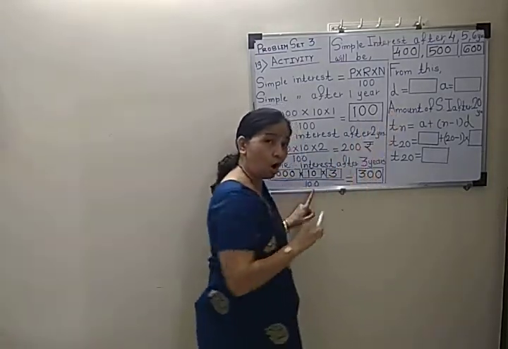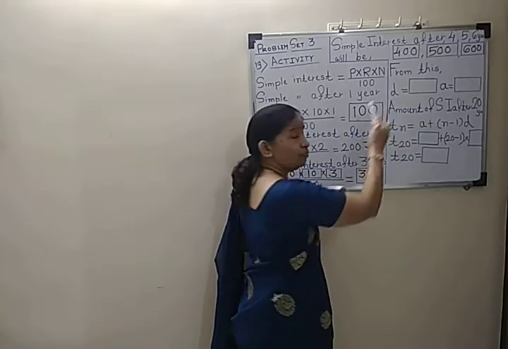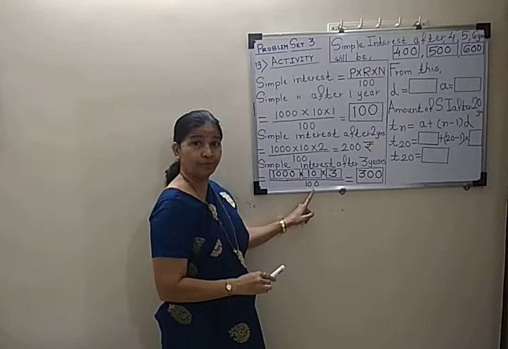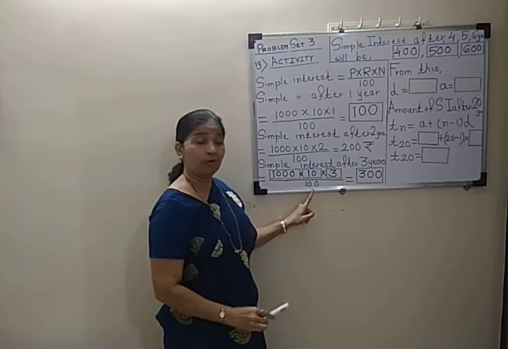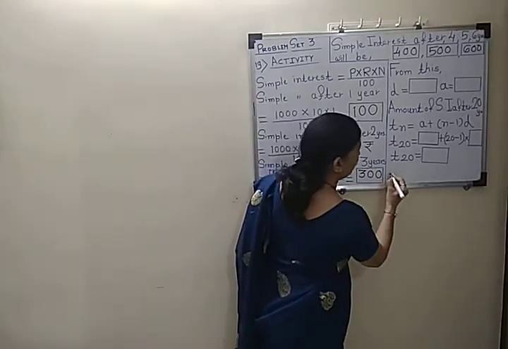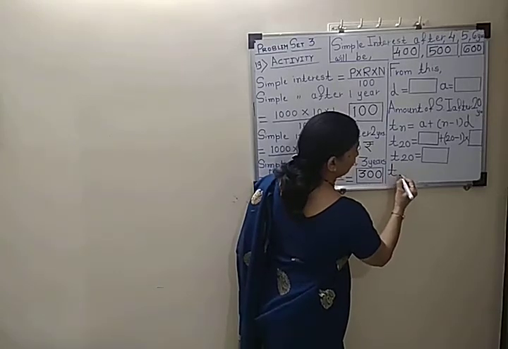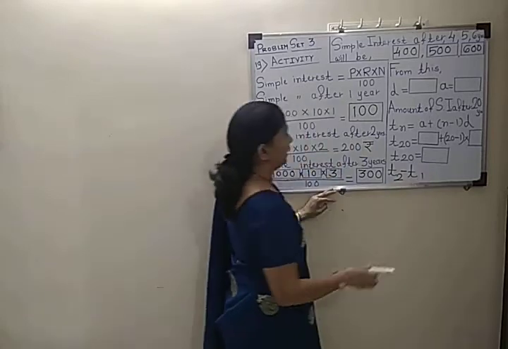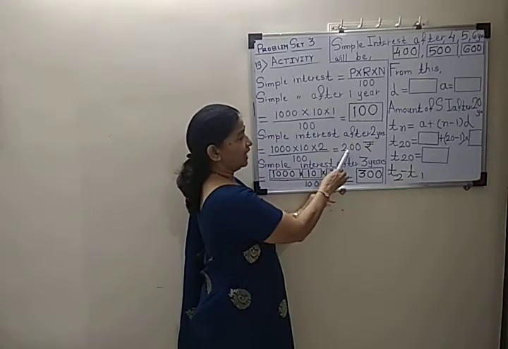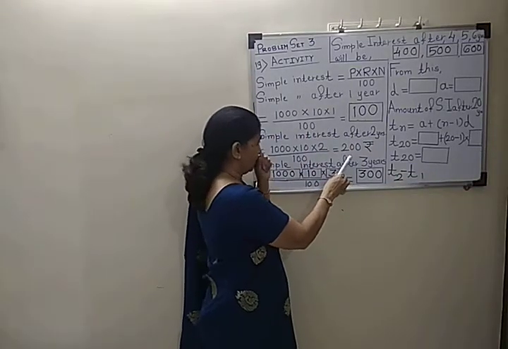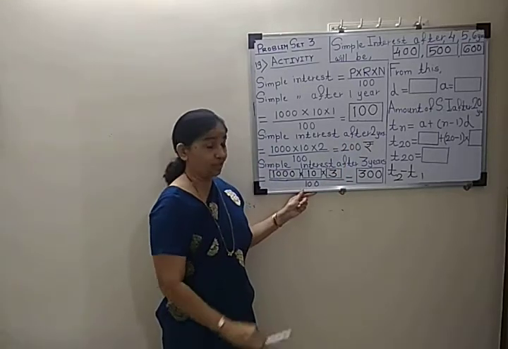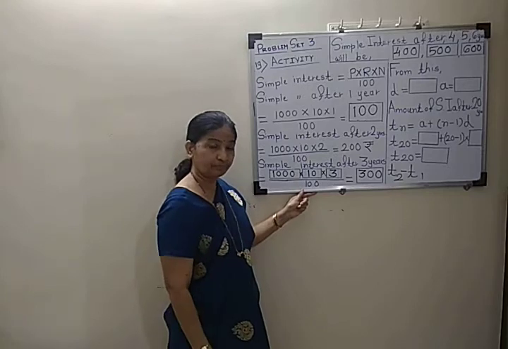So, for common difference, how are we calculating that common difference? 200 minus 100 will come as 100.